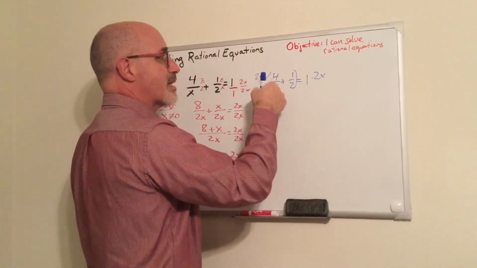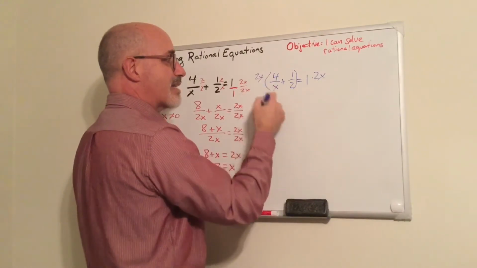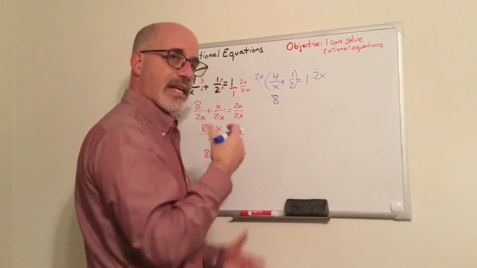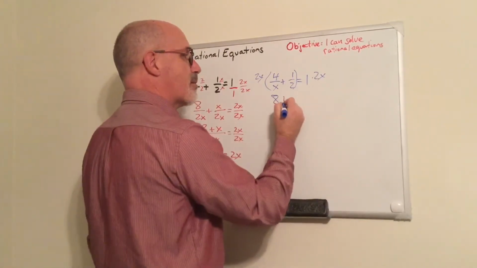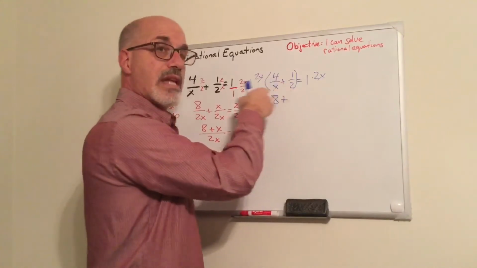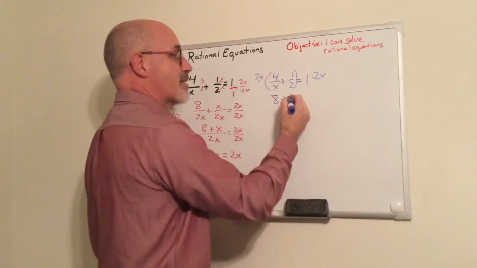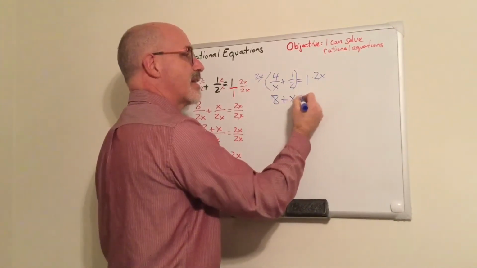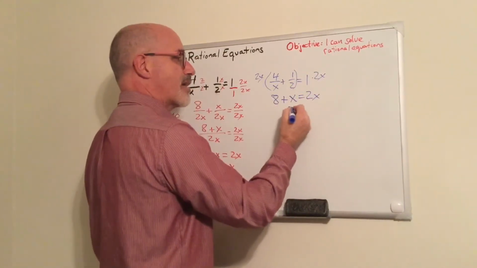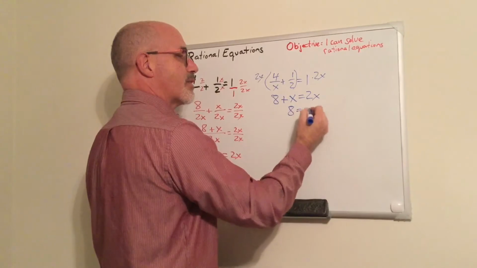So 2x times 4 over x, the x's cancel, leaving 2 times 4, which is 8. Again, the x's cancel, so no more denominator. That was the point of it. 2x times 1/2, the 2's cancel, and I'm left with x times 1, which is just x. On this side, I get 2x. Subtract x from both sides, and you get 8 equal to x.